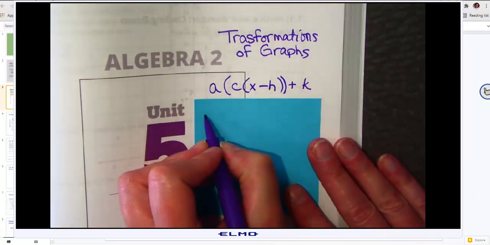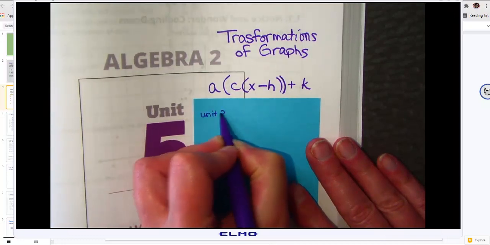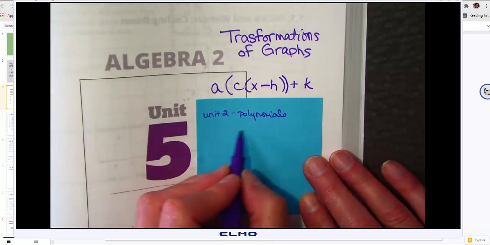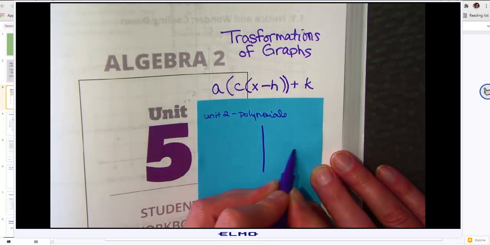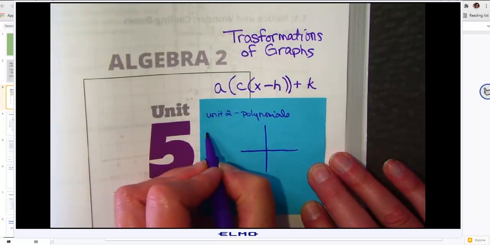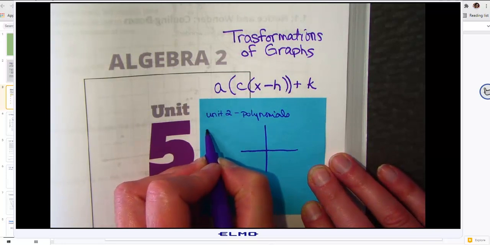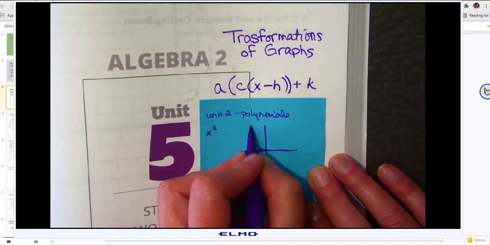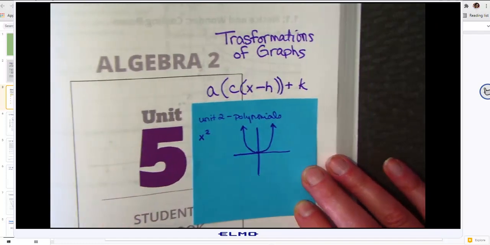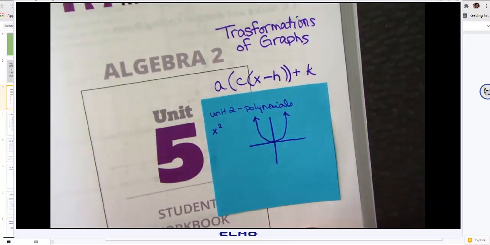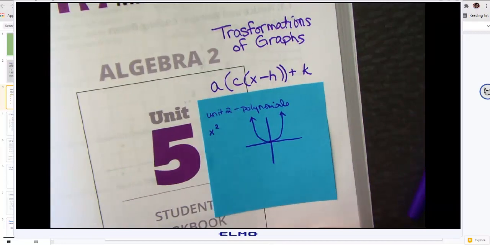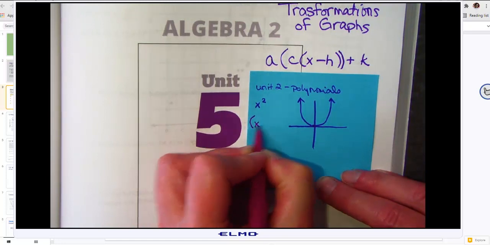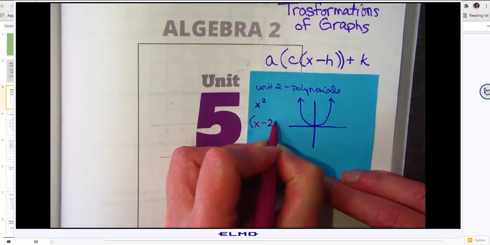If you remember back to Unit 2, we were talking about polynomials. If I think about something like x squared and what that graph looks like, do you remember how we started changing where the zeros were if we had something like x minus 2 squared?